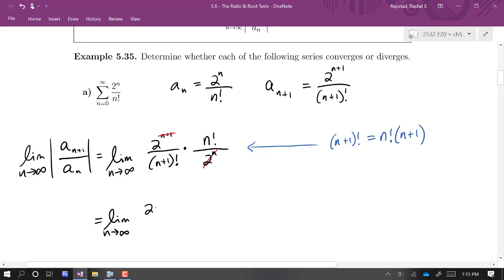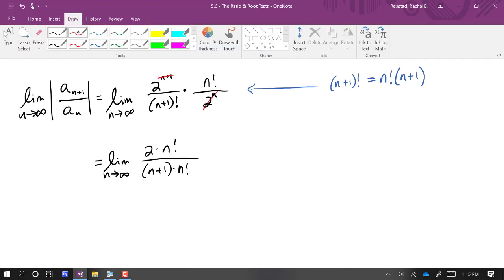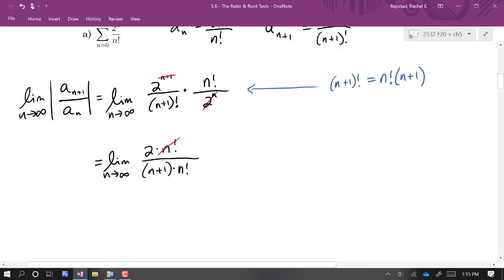So now I've got 2 up top, 2 times n factorial, on the bottom (n+1) times n factorial. So now the n factorials cancel. This is the limit as n approaches infinity of 2 over (n+1).